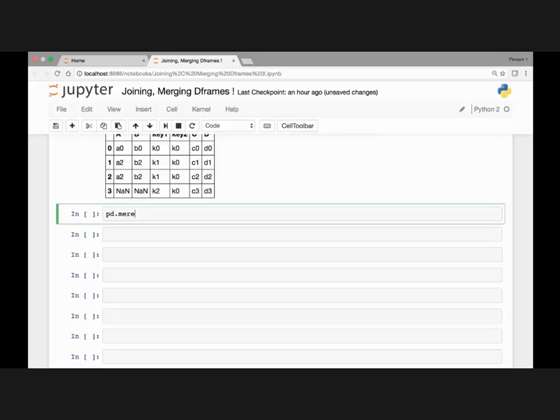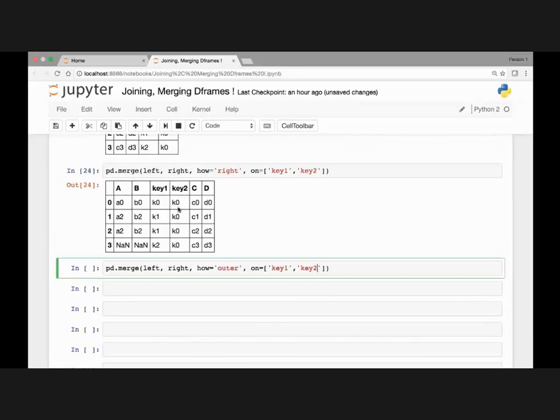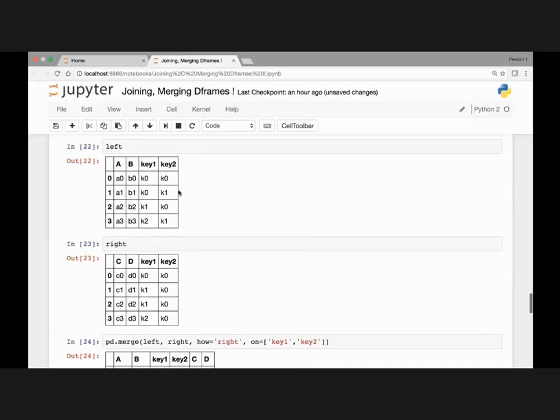So pd.merge, and we'll be merging the left and right data frames. For how, we'll pass outer, and then we'll be merging them on both keys, key 1 and key 2. So we'll have all the key 1 and key 2 combos.